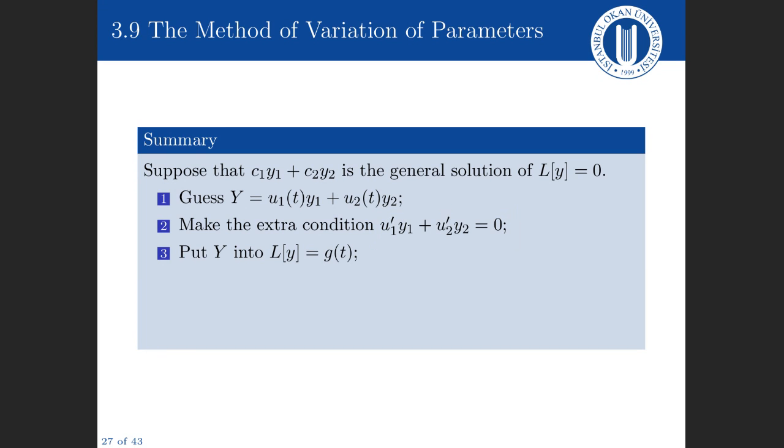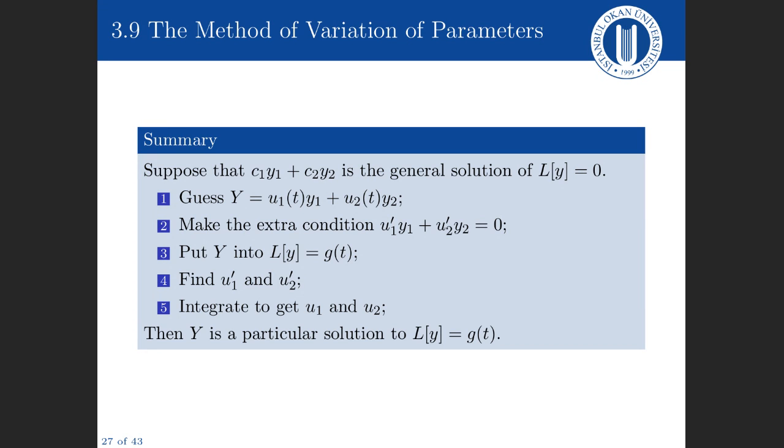We differentiate capital Y and we put it into L of y is equal to g of t, and we find equations for u1 prime and u2 prime. After we know u1 prime and u2 prime, we can integrate to find u1 and u2, and then we know a particular solution to the non-homogeneous equation.